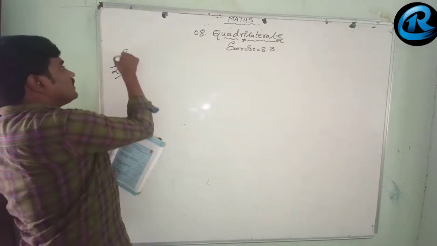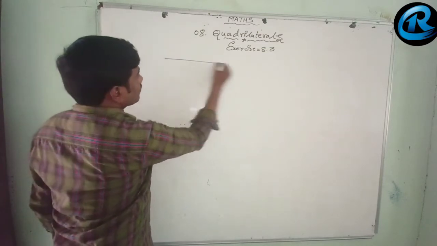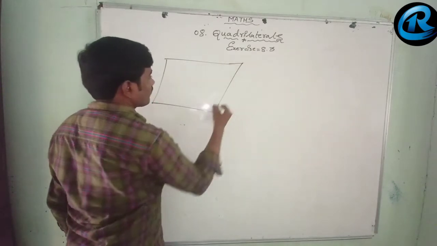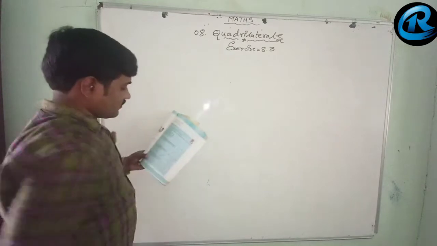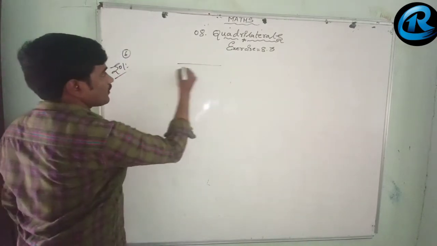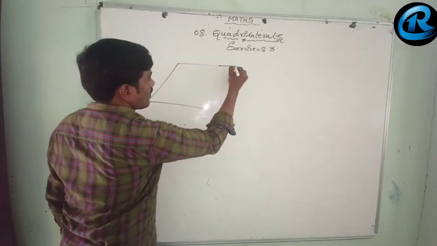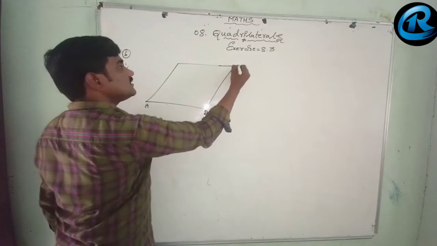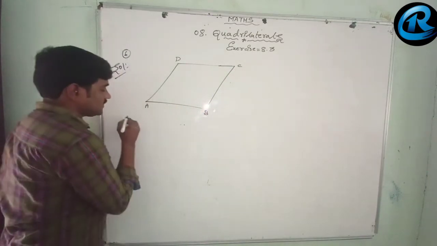So here, let us draw that. ABCD is a parallelogram.